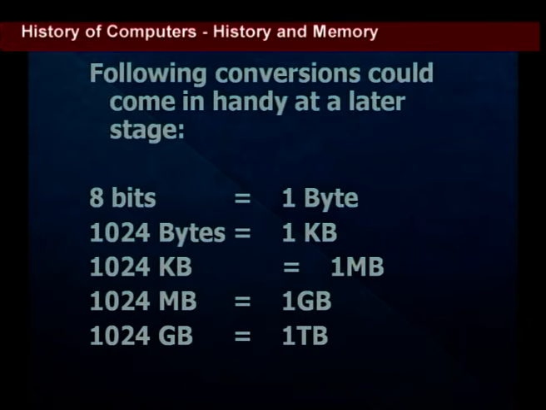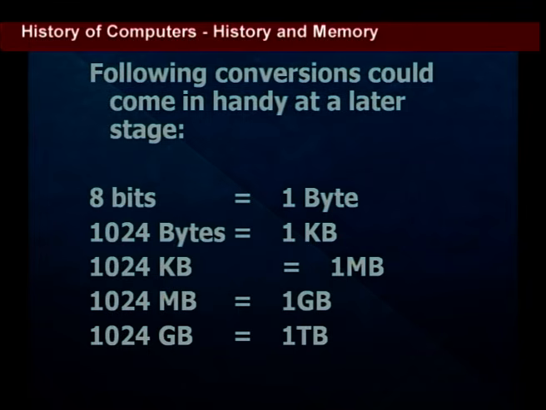The conversion code came later, that is 8 bits. 8 bits is 1 byte, 1024 bytes is 1 KB, kilobytes, 1024 kilobytes is 1 MB, 1024 MB is 1 GB, 1024 gigabytes is 1 terabyte.